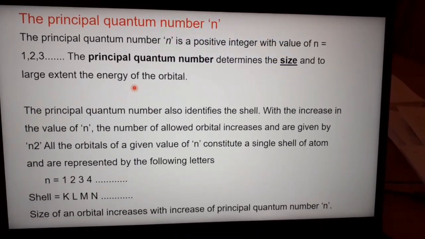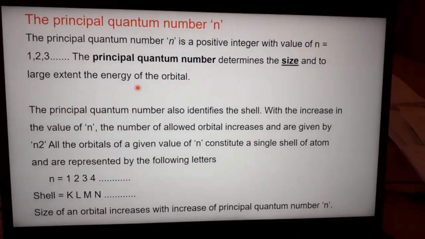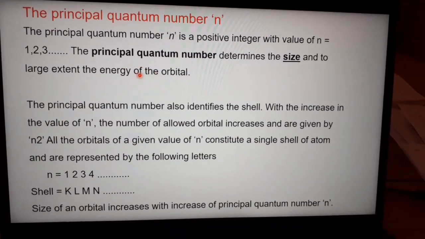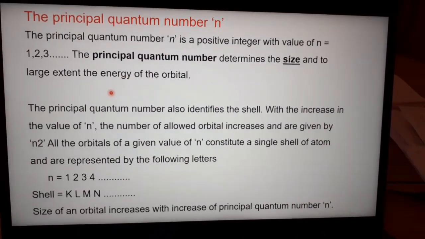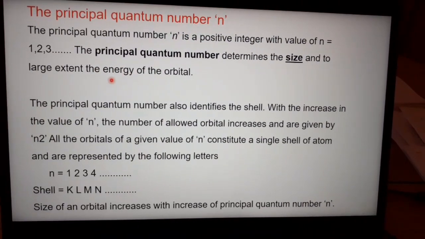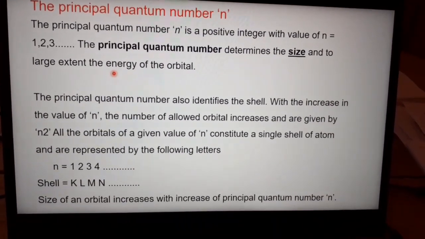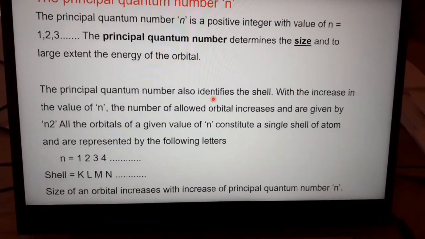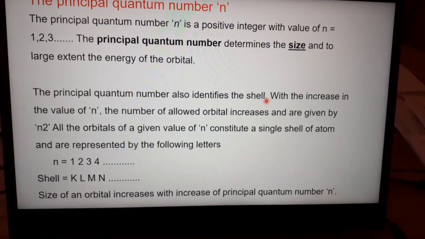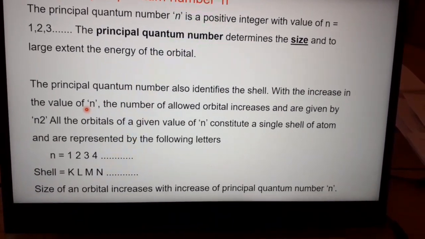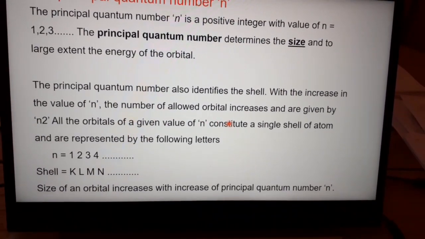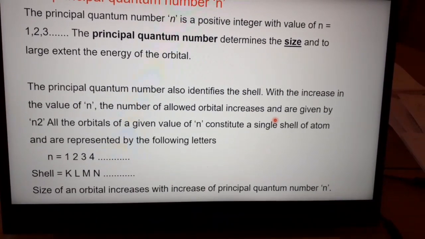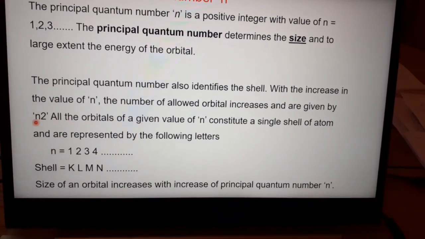In Bohr's model, it is easily stated that the principal quantum number is highly related to the energy state of each orbital. Next, the principal quantum number also identifies the shell. With increasing value of n, the number of allowed orbitals increases and is given by the n square value.